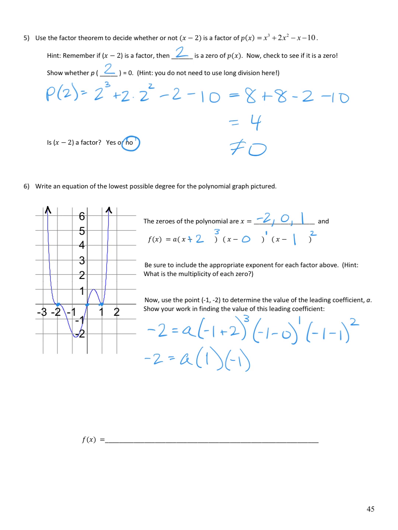And -1 minus 1 is -2, which when we square, we get 4. So -2 equals -4a. So a is 1/2.